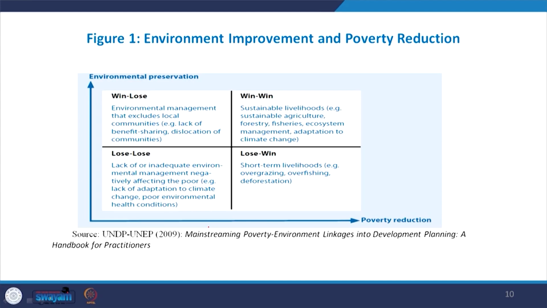So, it clearly indicates that even if in any region there is an increase in environmental conditions, better environmental management, but if local communities are not involved in protecting that environment, sharing the benefit of that environment, and if they are displaced from that environment in order to improve the environmental conditions, then their poverty will not decline.